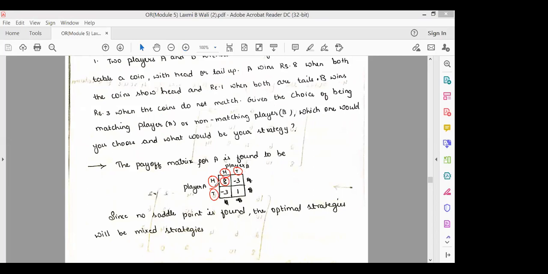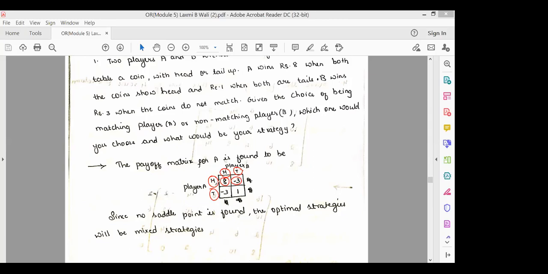When these are not matching, that is, when player A is getting head and player B is getting tail, those are not matching. It means here we have -3. It means player B is winning and player A is losing.